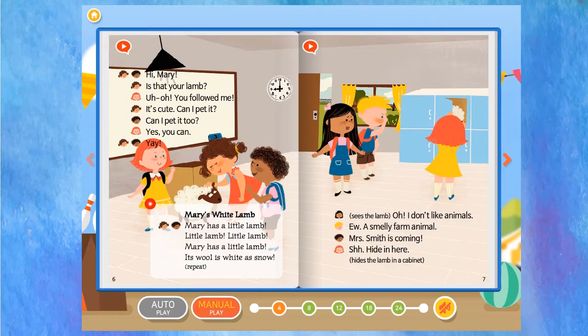Mary's lamb is in the classroom. Some of the children like the lamb. They pet it. Alice and David don't like the lamb. Alice doesn't like animals, and David says the lamb is smelly. Mrs. Smith is coming, so Mary hides her lamb in the cabinet. Now, let's find out what happens next in the story.